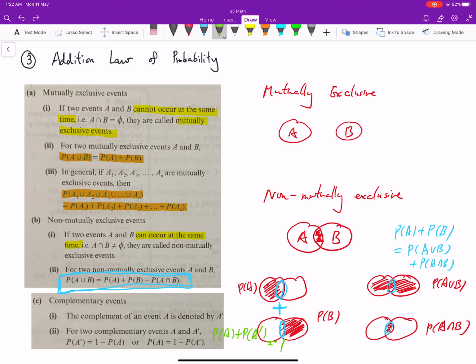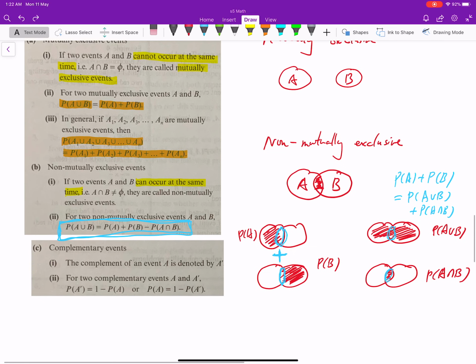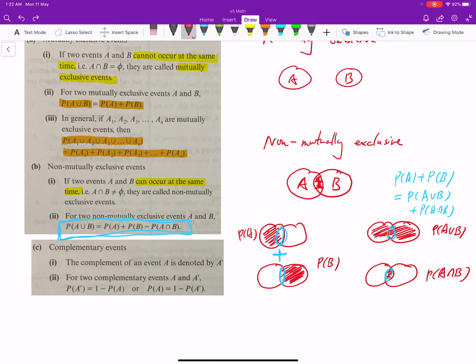Sorry, I'm not very clear in this way. Let me just move a little bit to the next part. Okay, just move here. So you have P(A) plus P(A') must be 1, right?